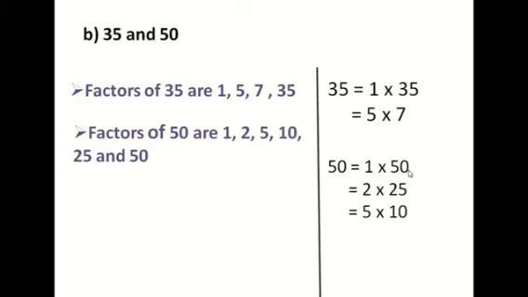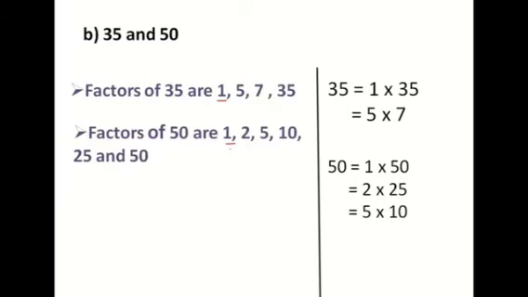Okay. So you got the factors of 35, you got the factors of 50. So you have to find out the common factors of 35 and 50. So please underline those common factors. You can see 1 is a common factor for 35 and 50.